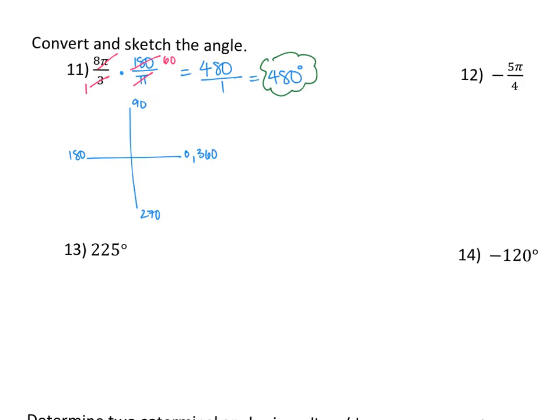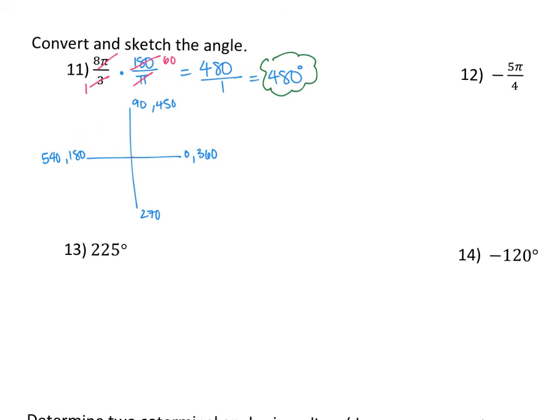If I add another 90 degrees, that would be 450. If I add another 90 degrees, that would be 540. So it's somewhere in the second quadrant, because 480 is between 450 and 540.